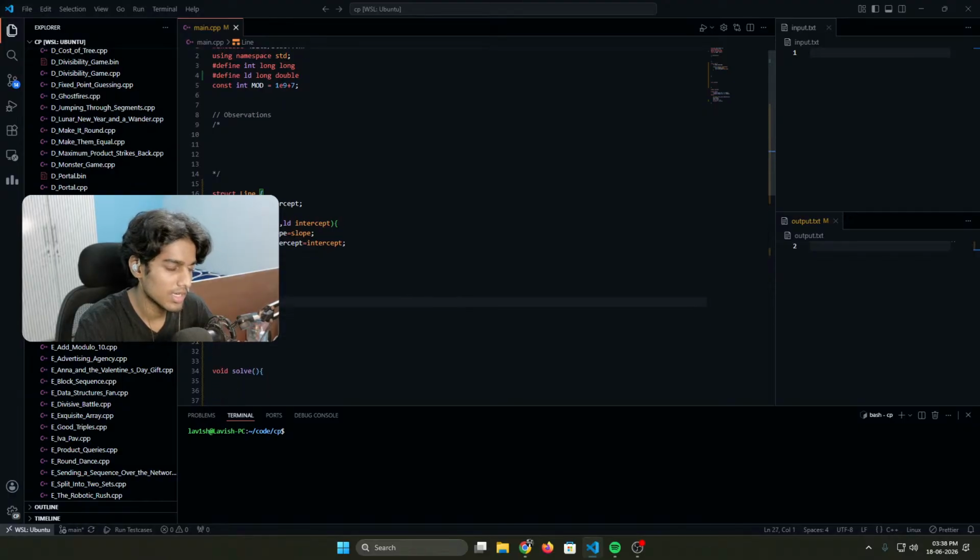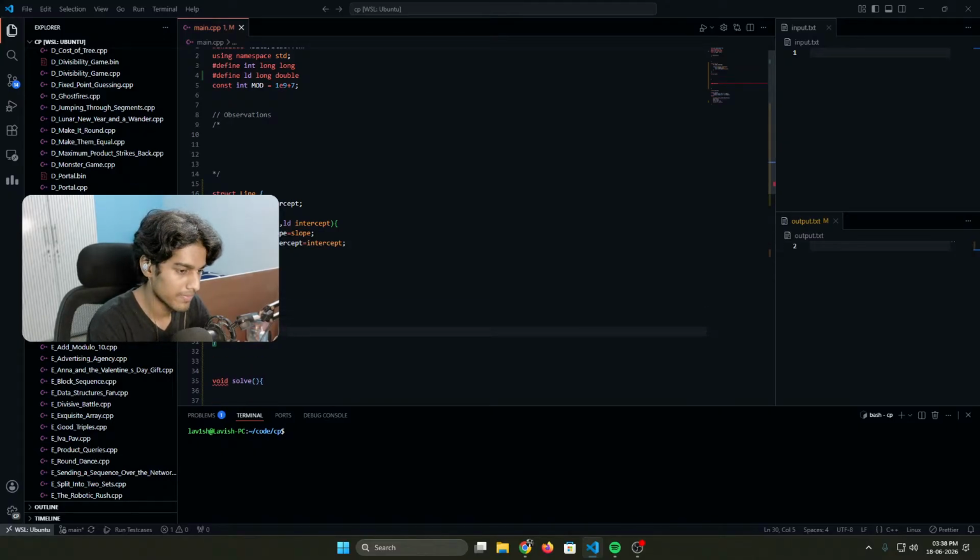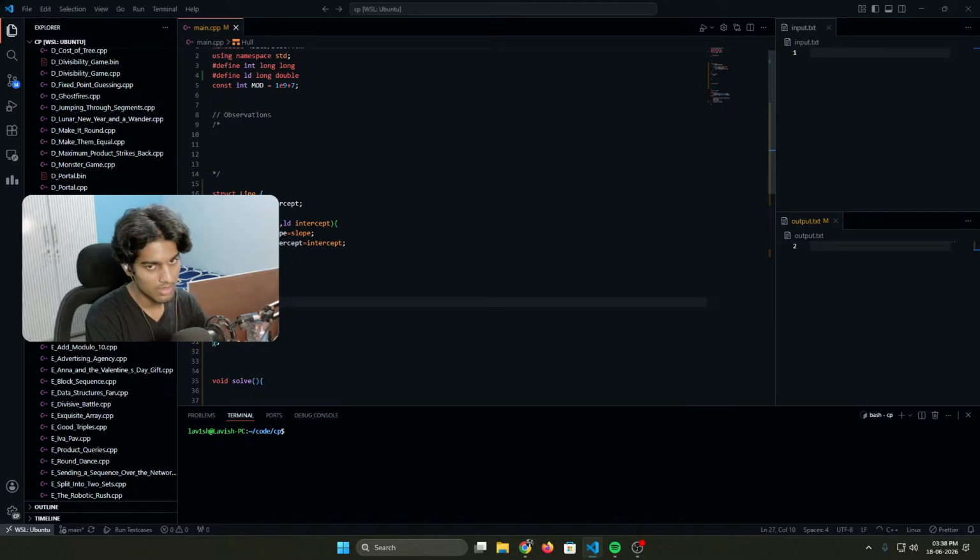Maybe not. Let's also create a structure for hull. Let's call this hull. So this hull is going to have a line, right? Well, this hull is going to have a lot of lines, not a single line. And we need to write functions to insert a line and remove a line.